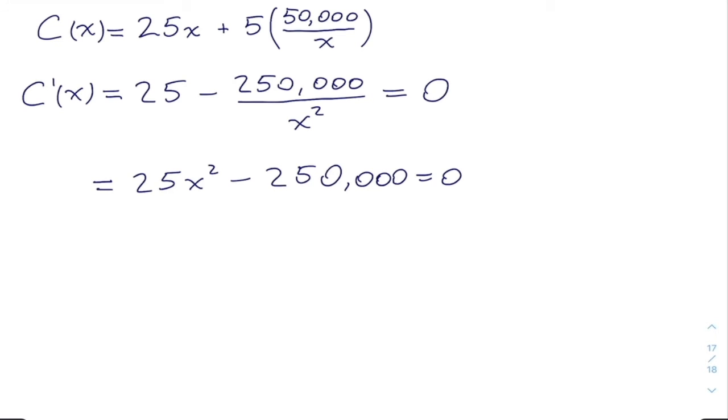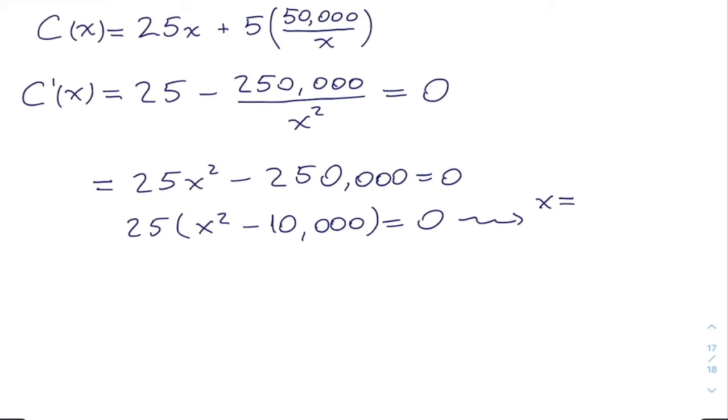and we can factor out the 25 and obtain that this is the same as x squared minus 10,000. So from this we obtain that x can be either equal to 100 or x can be equal to negative 100.